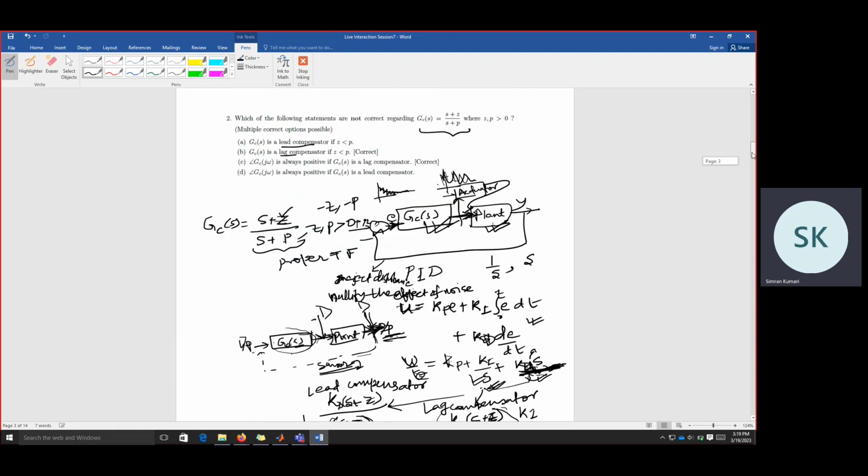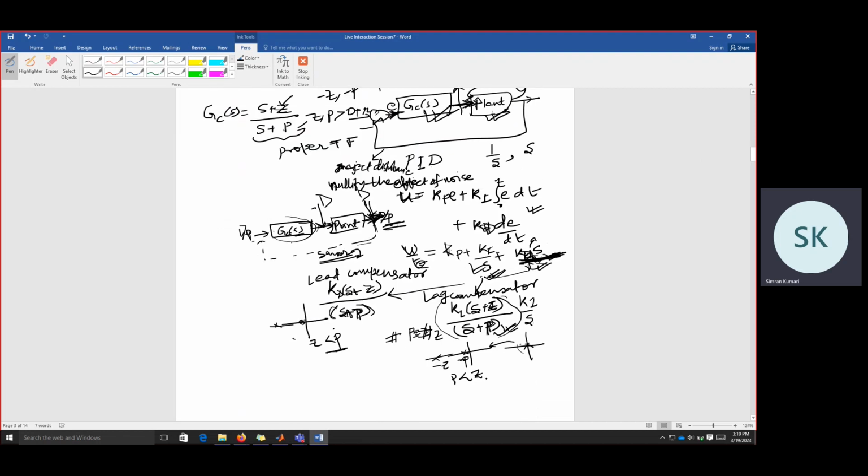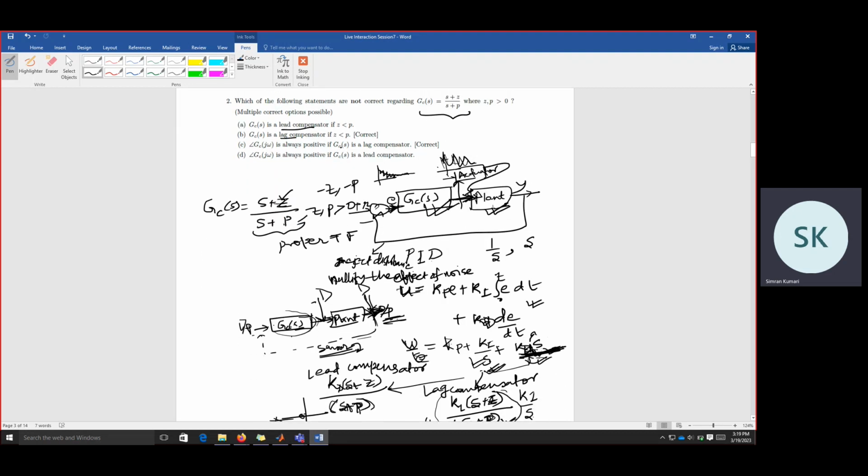The second one says GC is a lag compensator if Z is less than P, but in a lag compensator we have seen that P is less than Z, where P is a positive value, otherwise we can talk in terms of minus P and then say magnitude. Here it says Z is less than P, so this is not a correct statement. Since the question is asking for the not correct one, this is the answer.